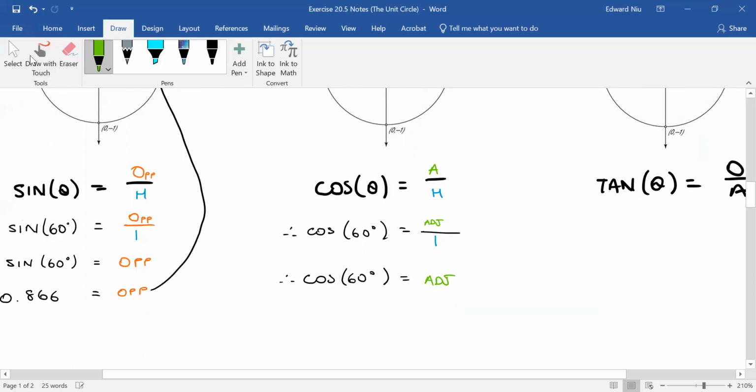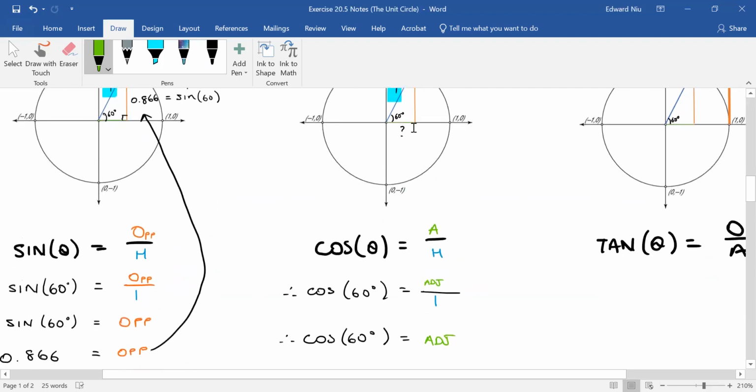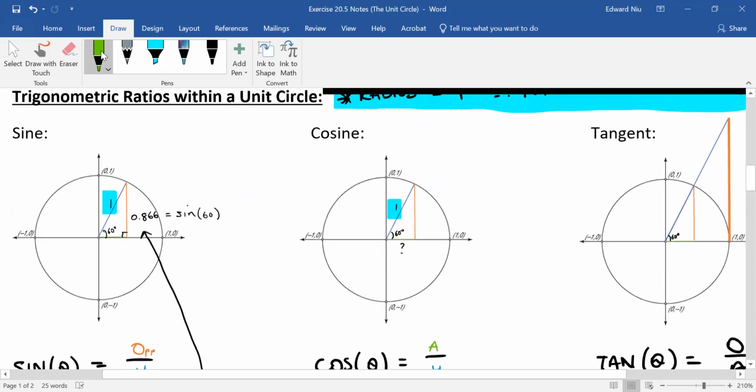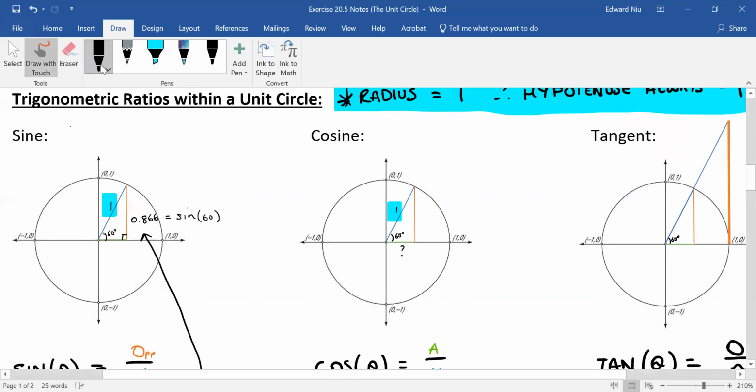And what you notice is with sine, it's always the height of the triangle. With cosine, it's always going to be the width of the triangle. So sine is, in other words, our y, so height of triangle. In other words, that's going to be our y.